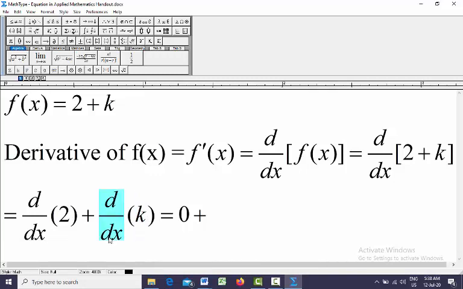Since we do not have any variable here, it will be considered a constant. So if you do differentiation of this one, we get 0. Right.